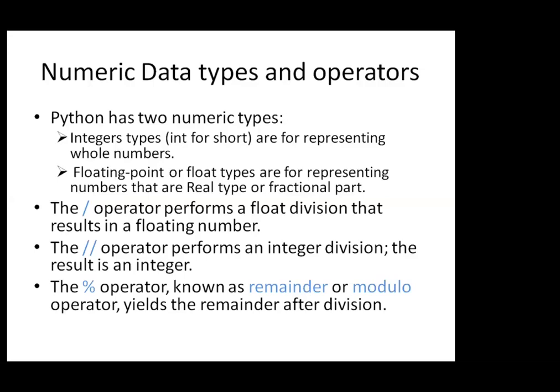The result is an integer. Any fractional part is truncated. If it was 4.2 it becomes 4, and if it was 5.6 the answer becomes 5, if the division is an integer division.